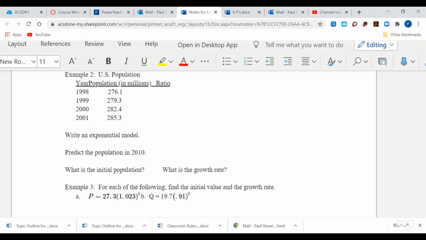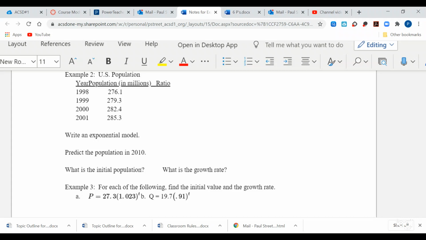And when you do that, let's round to the tenths place here. And as soon as somebody gets it, you can let me know. 311.1. Nice, 311.1, and what's that going to be in? Millions, because our units here are millions. So the population we're predicting would be 311.1 million.